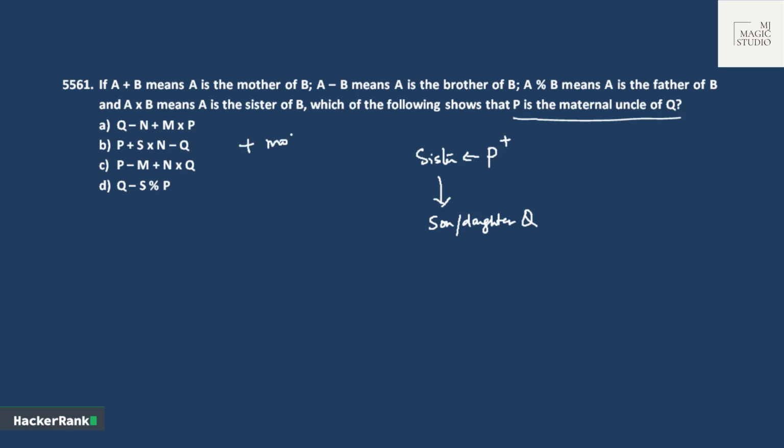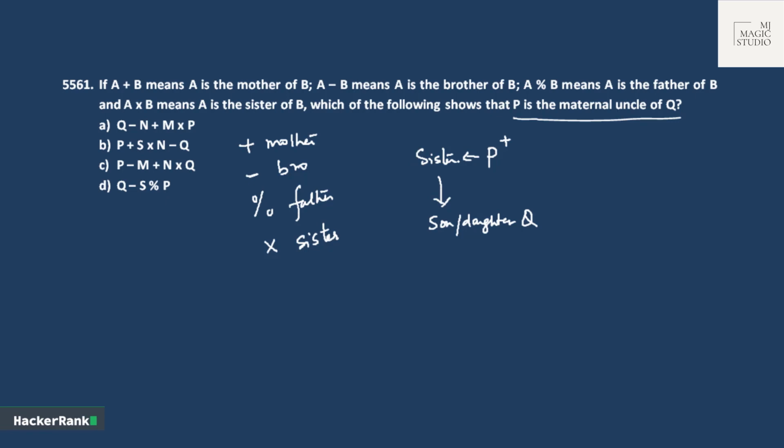Now plus means mother, minus means A is brother of B, percentage means A is father, and into means A is sister.